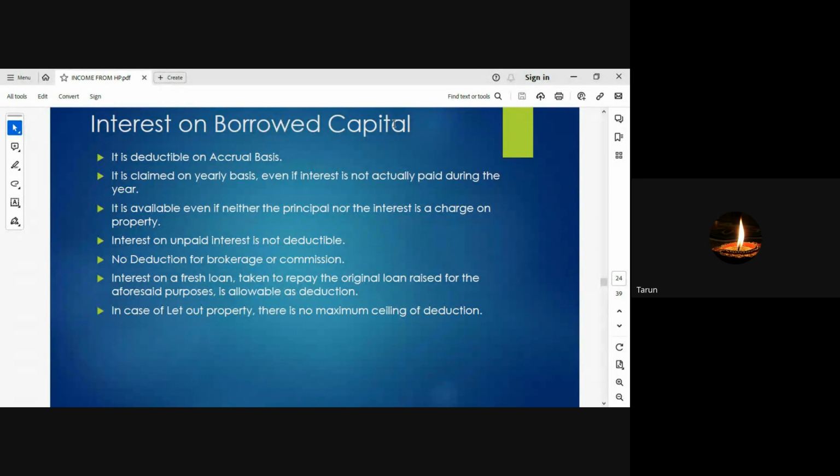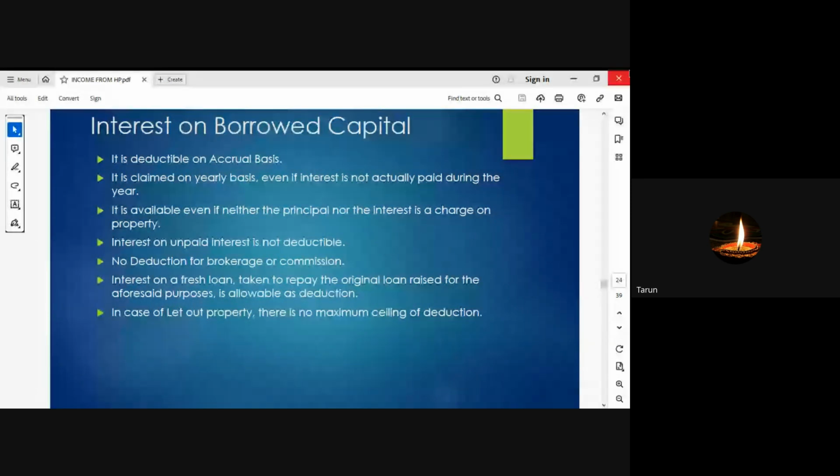Interest on a fresh loan taken to repay the original loan raised for the permitted purposes is allowable as deduction. Of course, it is deductible. If a fresh loan is taken to repay the original loan, then in such cases the deduction is allowable.